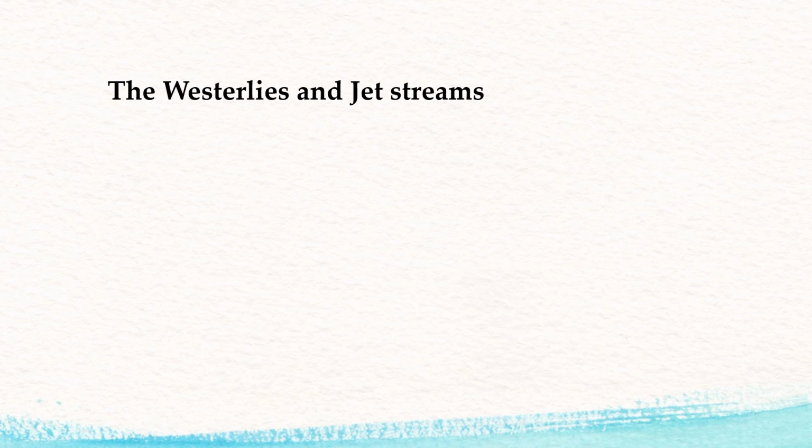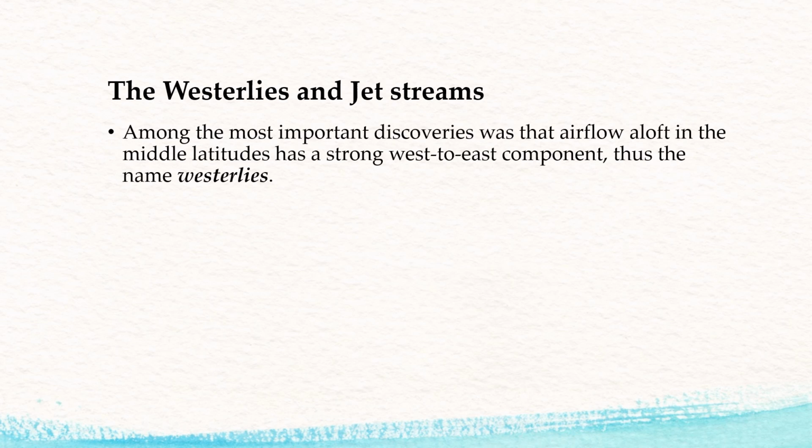These are generally the winds that come from the west, right? Among the most important discoveries was that airflow aloft in the middle latitudes has a strong west to east component, flowing from the west towards the east. That's why it's called the westerlies.